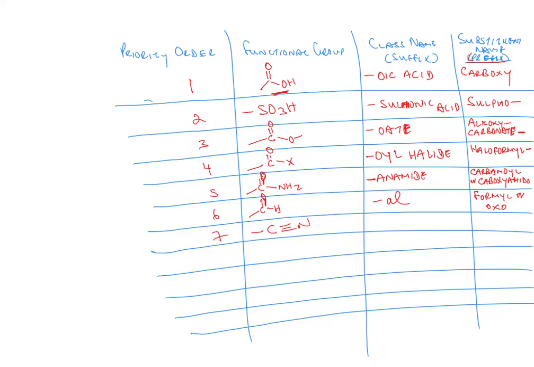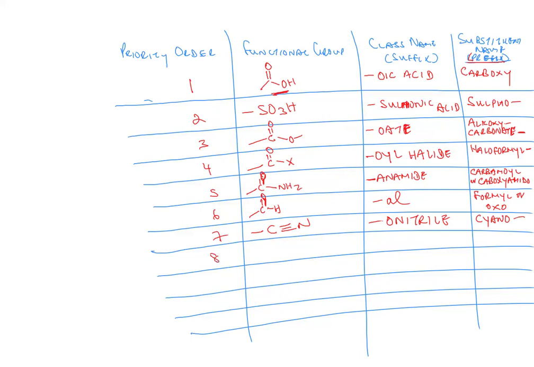if it is the suffix, naming the compound, at the end, it will end as nitrile. And if it is the prefix, the beginning, then cyano, because this is a C triple bond N, cyan.